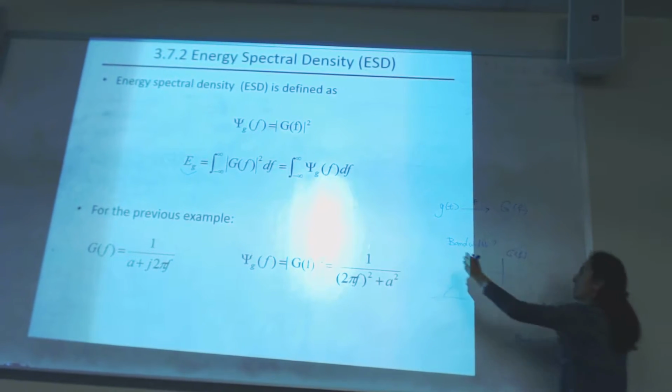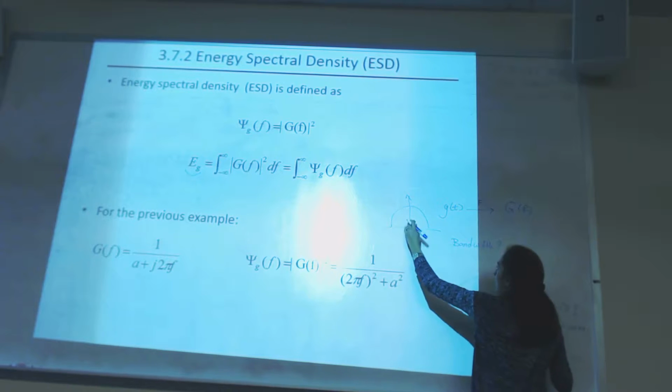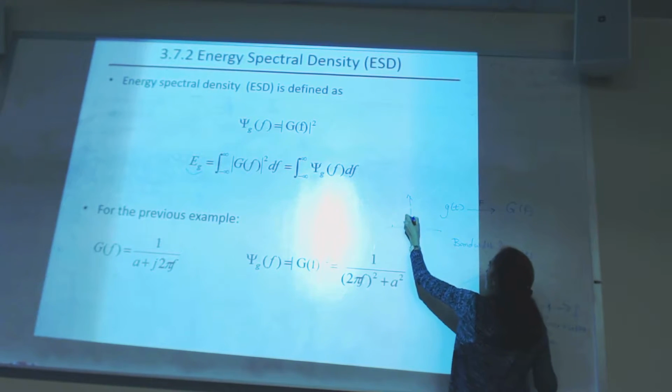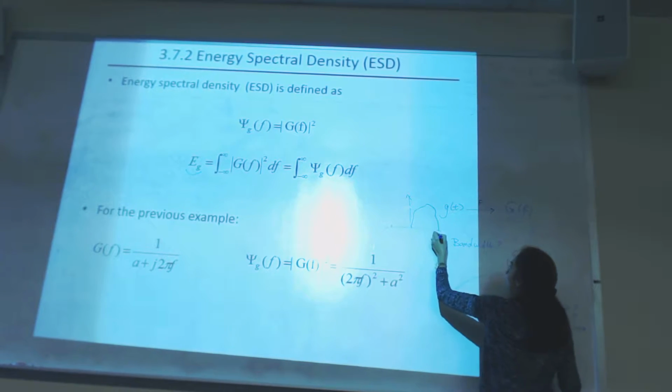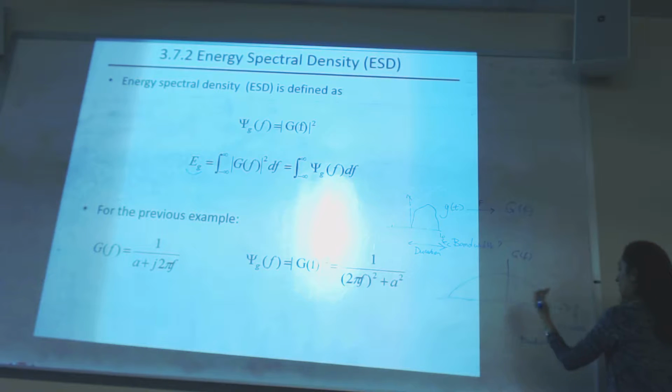In the time it is duration, so you have a similar thing in the time. You say the duration of a signal, let's say if you have something starting from 0 to 10 seconds, this is the time duration. In the frequency, we call it bandwidth.